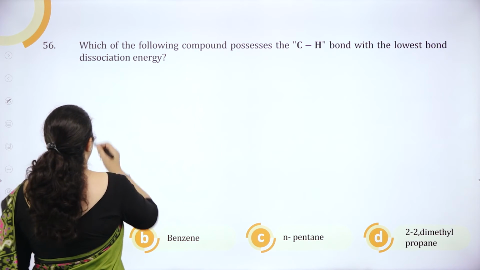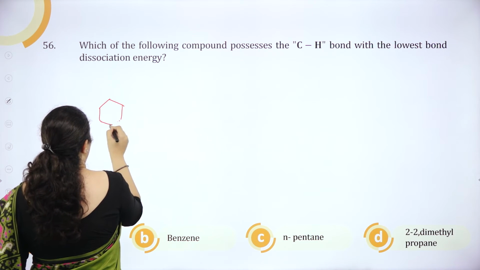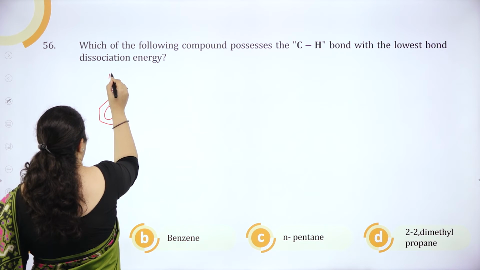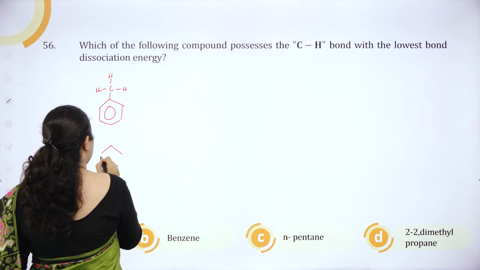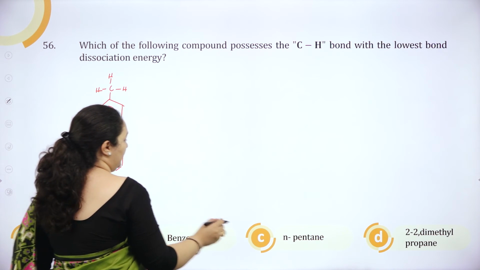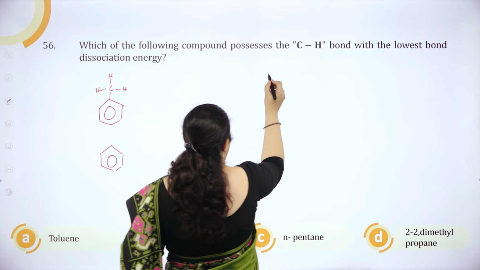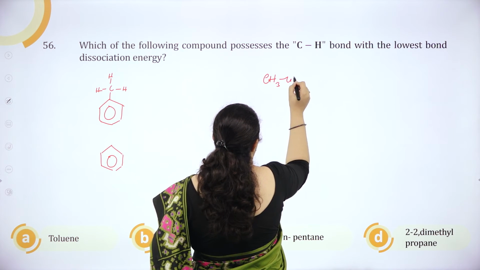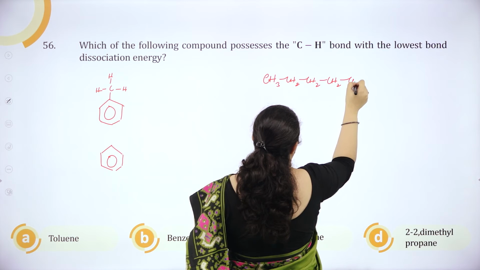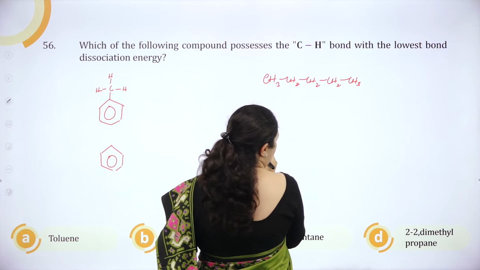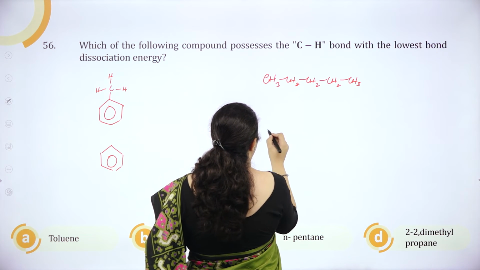So I'll just write the structures. First one I have is toluene, C6H5CH3. Then you have just the benzene structure. Then you have n-pentane: CH3, CH2, CH2, CH2, CH3. And the last one is 2,2-dimethylpropane.